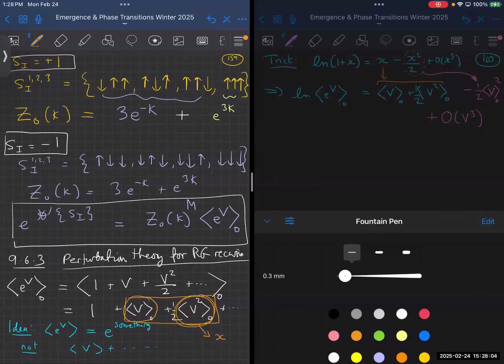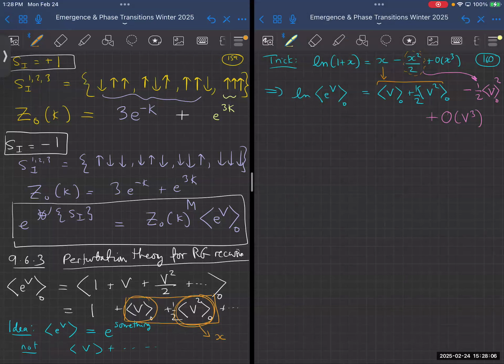So that means that, consistently to this order, with my x value being the expectation of v plus 1/2 the expectation of v squared, these are the only contributions.